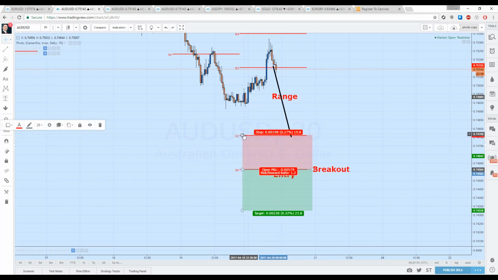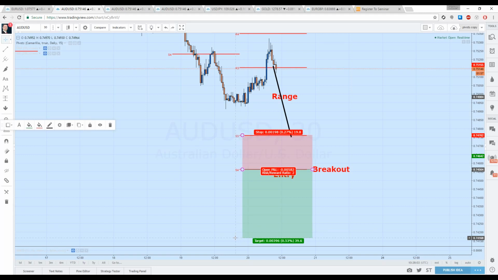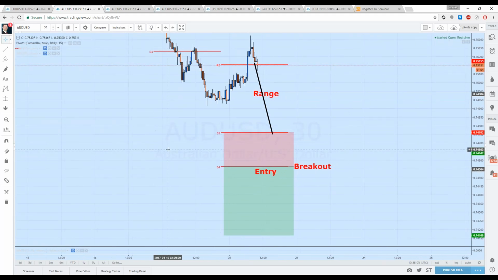Just as our other breakout, risk is managed inside of the range and a one-time extension may be used for a pricing target. Now notice how price is quite a bit away from this breakout point.